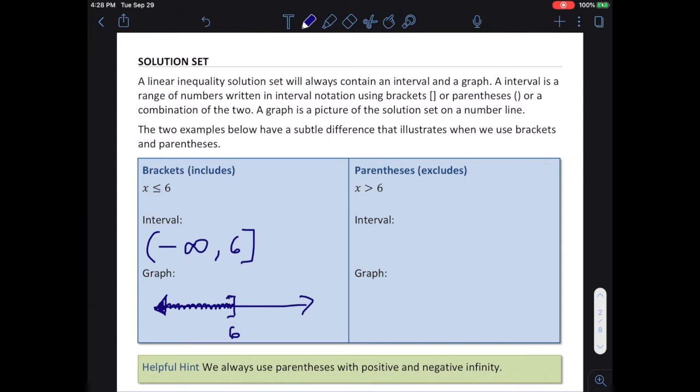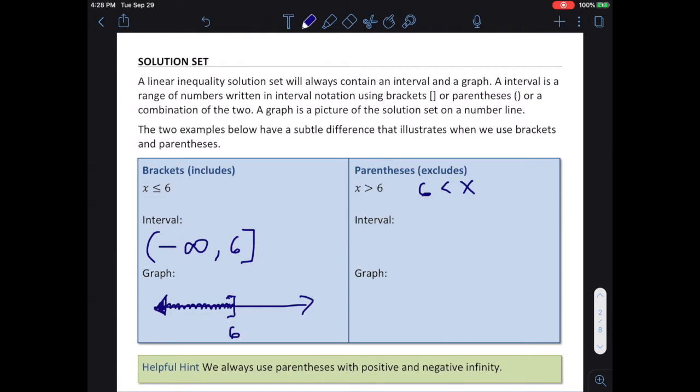So what I like to suggest is just take the entire inequality and flip it over. So instead of having x is greater than 6, write it as 6 is less than x. Okay, so what this does is it really helps us visualize now on a number line.